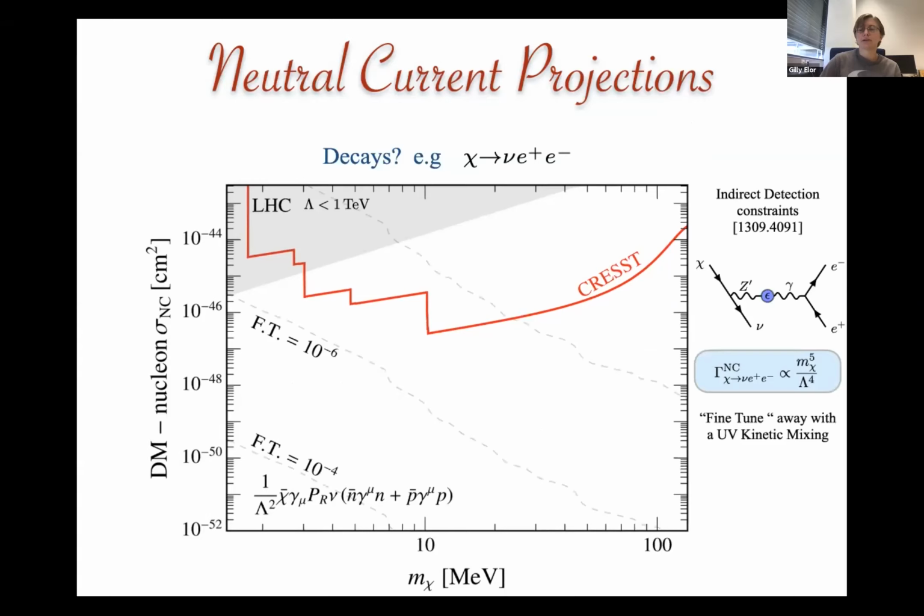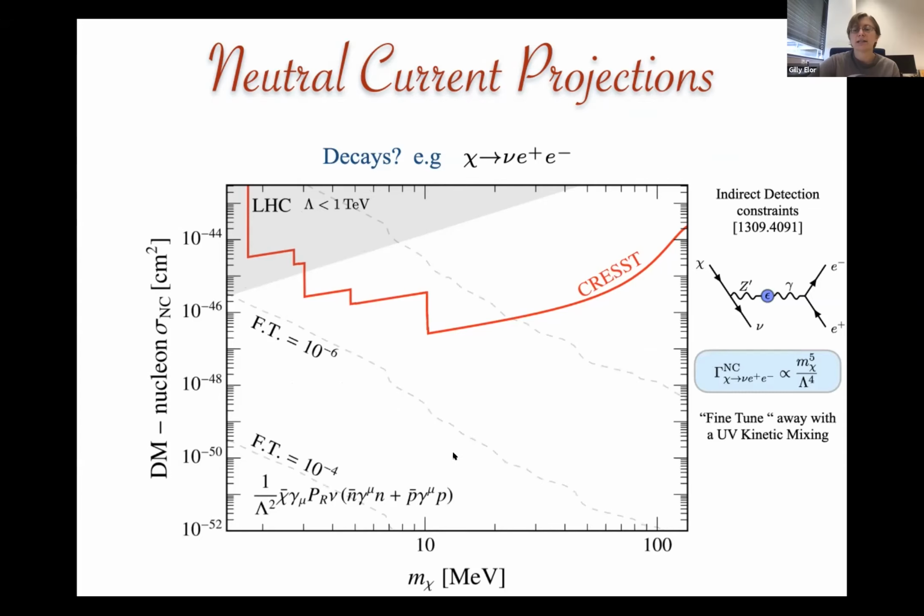Now, again, back to the elephant in the room, you have to ask what the decays are and do they constrain your parameter space. I forgot to say this gray region is excluded because you want the scale of the operator to be heavier than a TeV. In this particular case for the decays, there's a lot going on if you consider the UV models contributing to this.